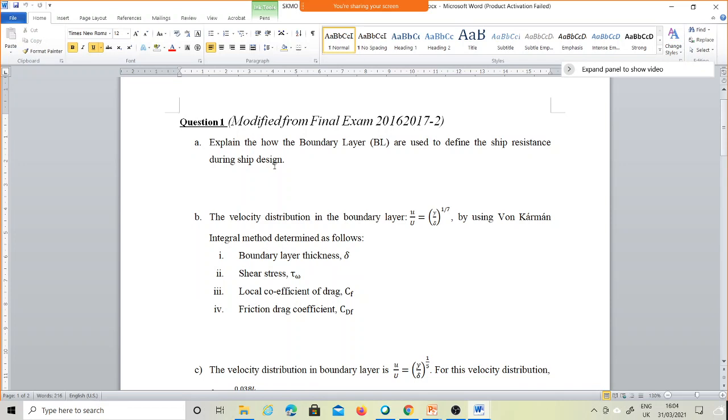Although it's linear, potential flow theory is still sufficient to define the wave making resistance, because by using the superimposition theorem, we can actually create any types of nonlinearity even if we have the potential flow. Anyway, the explanations are in the slides, so I focus on the tutorial part only.